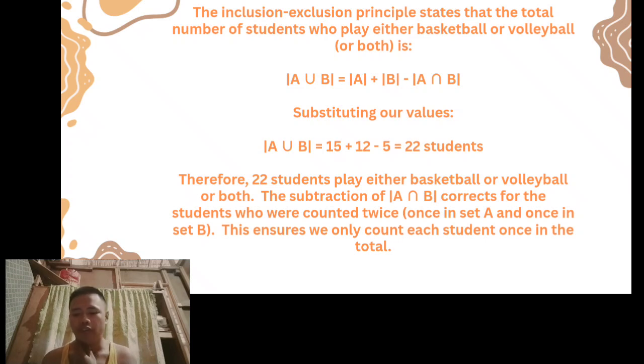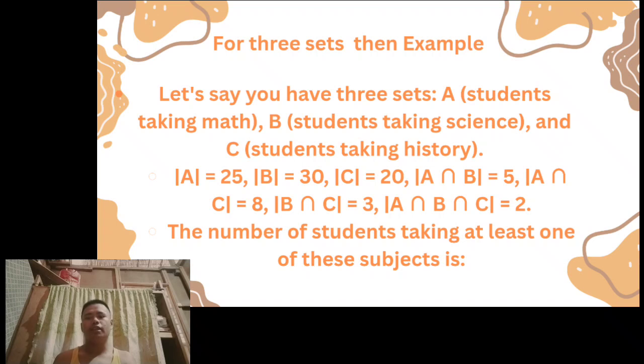And then let's move on to three sets. The example for three sets: let's say you have three sets. A is students taking math, B is students taking science, and C is students taking history. So this is the given for three sets.